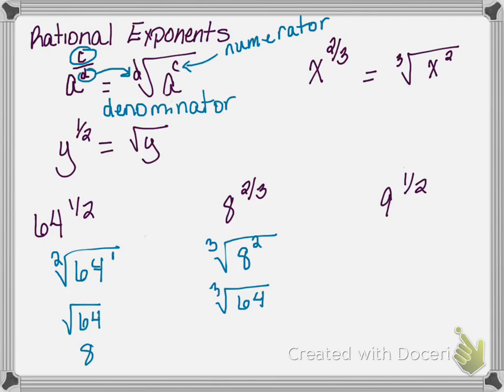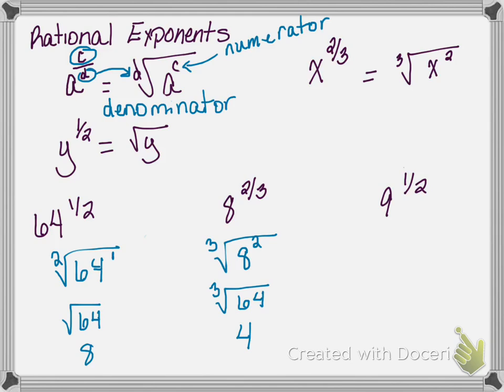I can take the cubed root of 64. What is the cubed root of 64? Does anybody know? It is 4. 4 times 4 is 16, times 4 again is 64. So this simplified is 4.